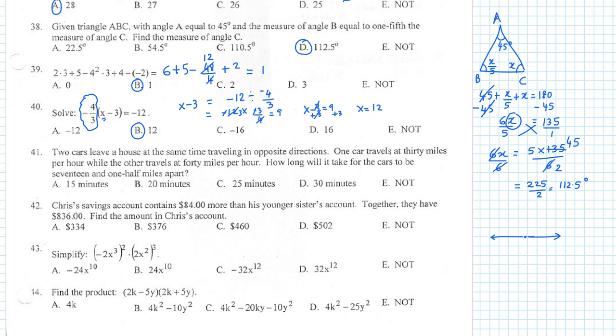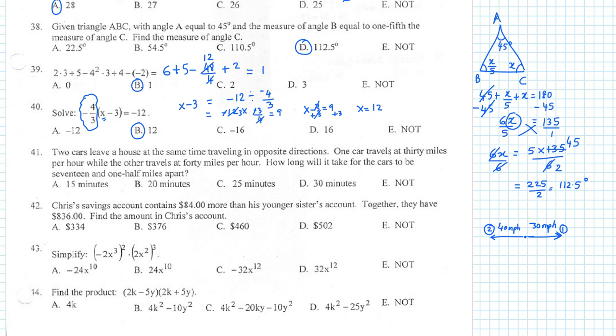So let's assume that the first car, which is this car, is moving at 30 miles per hour in the right direction. The other car is traveling at 40 miles per hour. So this car, which is car number 2, is moving at 40 miles per hour.